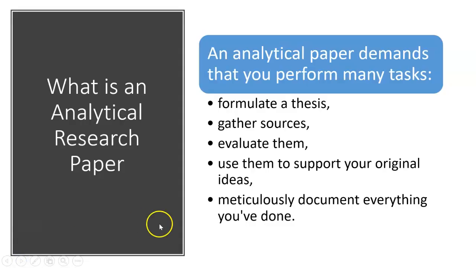An analytical paper asks you to do several things, and you've already done some of these. You've started to formulate a thesis in that you came up with a purpose statement that looked at your topic objectively. You're going to do a little bit more with your thesis statement for this, but you're already beginning to think analytically about your topic.